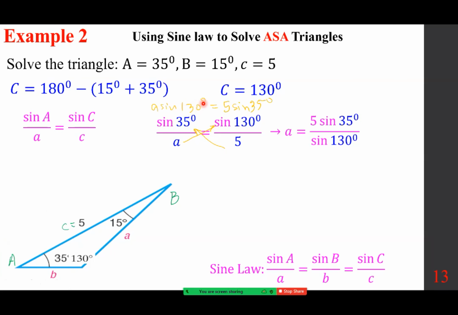Again, you plug everything into a calculator. Sine of 35 divided by sine of 130 and then times 5, and that gives you the value of a, which is 3.74 roughly.